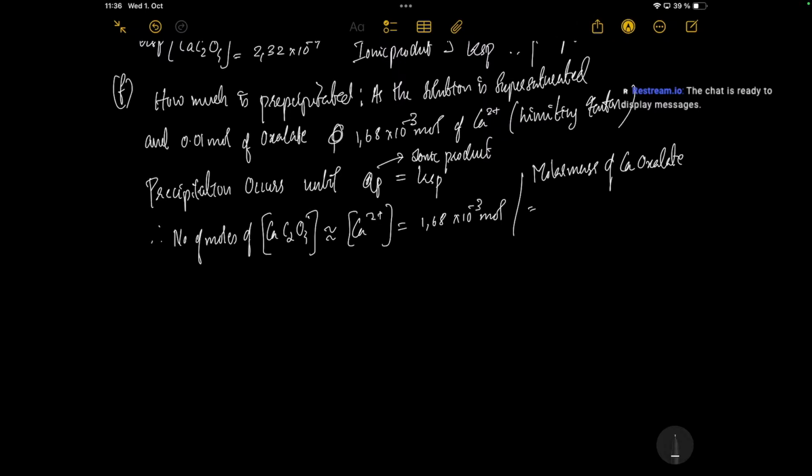What's the molar mass? 40 plus 24, 64. 64 plus 04, 16 times 4, 40. 64 plus 40, 104. 104 plus 6 fours are 24, 128.